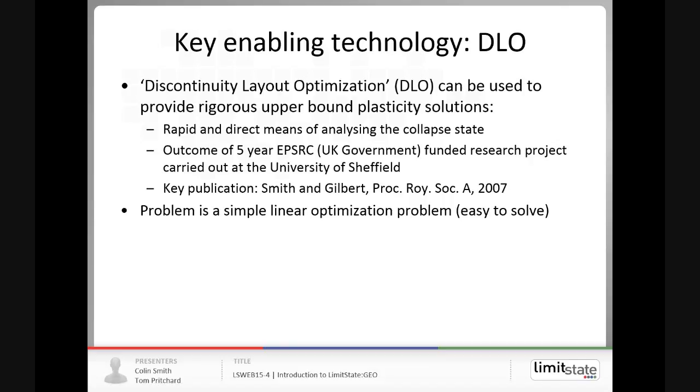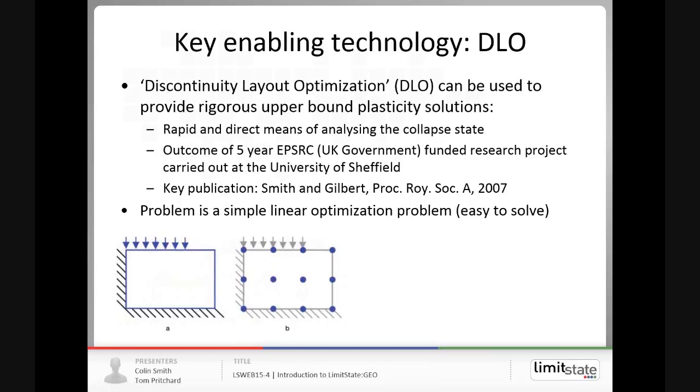The key publication appeared in the Proceedings of the Royal Society in 2007, but I can explain the whole process in 4 diagrams. Obviously, the mathematics behind it's a bit more complicated. So if we assume we've got a domain here with a load on the surface and fixed boundaries to the bottom and to the left, what we do is we populate the domain with nodes.